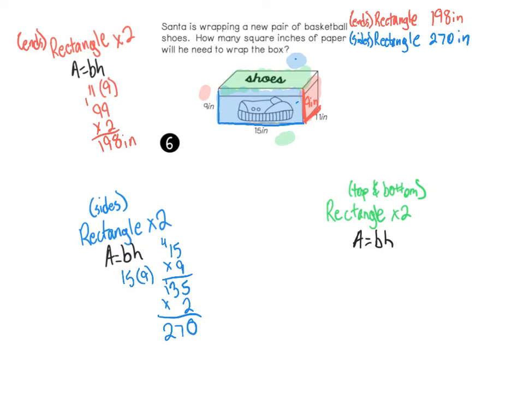Now we have the top and the bottom. So the top base would be right here. Now there's nothing there, but if we look down here, this is the exact same size as this. So we know the base for the green one would be 11. And then the height is going to run right here.